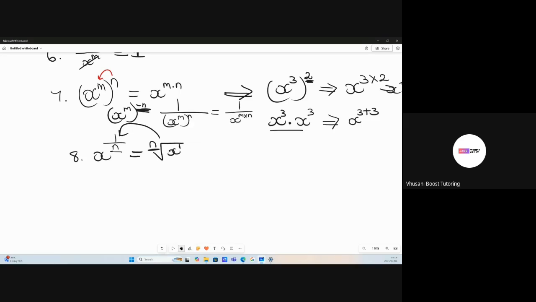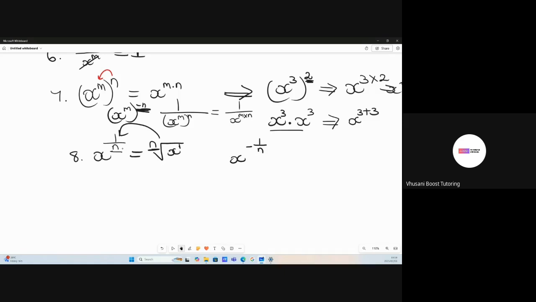And likewise, when you have a negative exponent, you always first get rid of that negative exponent, and you do it by changing its position from the numerator to the denominator, or vice versa. Then you can do such laws. Let's say we have an example like x to the power of negative 1 over n.